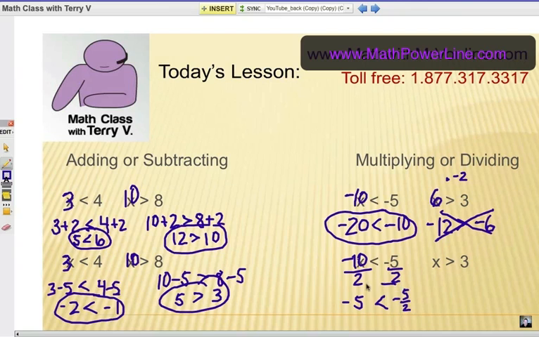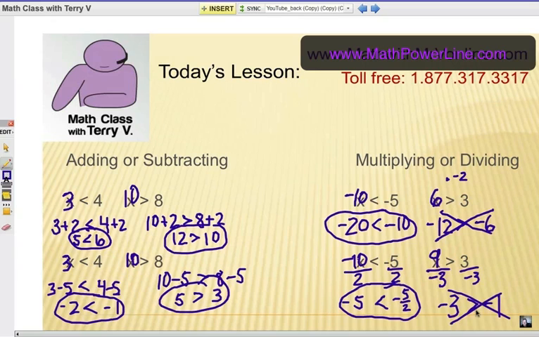Yes, that is true. So it seems to be okay to divide by a positive number. Let's divide by a negative number now. Well, we know that 9 is greater than 3. Okay, let's say x is 9. Now let's go ahead and divide by a negative 3 on each side. Okay, let's see what happens when we divide by a negative. Over here we get negative 3 is greater than, we hope, negative 1. Is negative 3 greater than negative 1? Oh, that is not true.